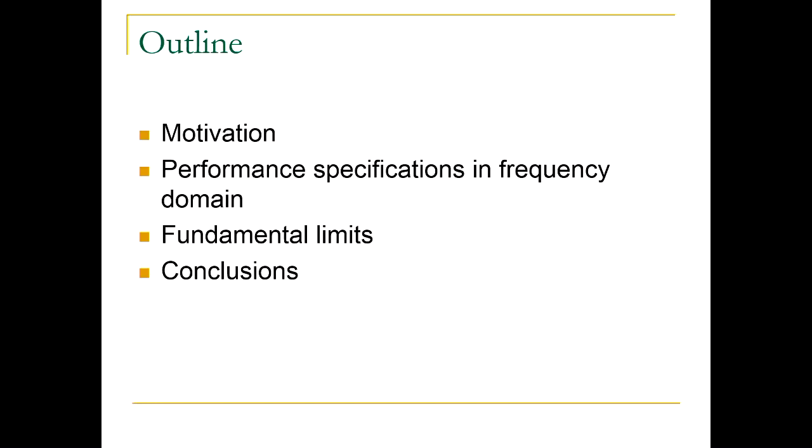And you will see that if you, for instance, try to shape the sensitivity function at low frequencies to achieve better disturbance rejection, like low frequency disturbance rejection, or better tracking of references, that would result in an increase of sensitivity at higher frequencies, which may be undesirable. So there is this trade-off again in frequency domain, and we will talk about these fundamental limits.